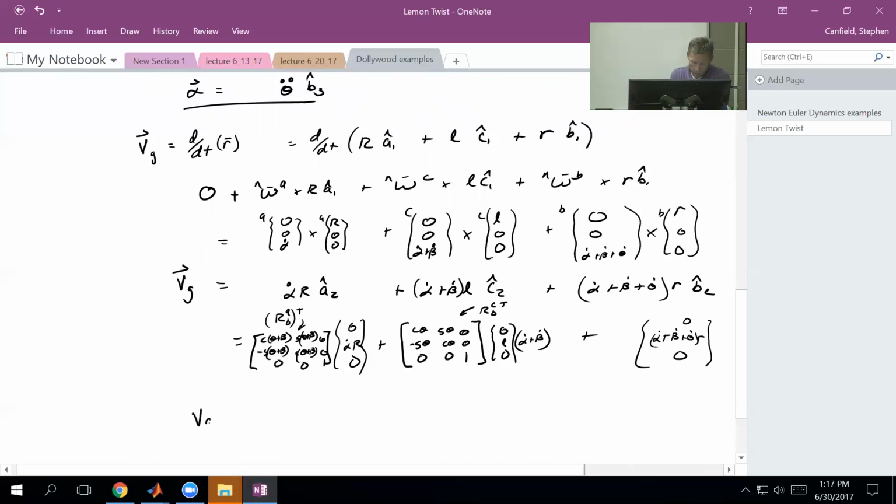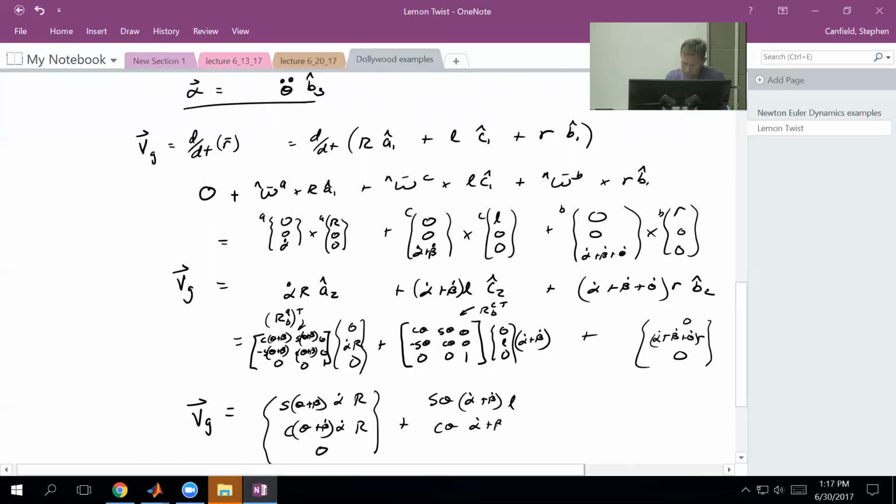I add all these up. And so that's going to give me sine theta plus beta, alpha dot R, cosine theta plus beta alpha dot R and 0, plus sine theta alpha dot plus beta dot L, cosine theta alpha dot plus beta dot L and 0.